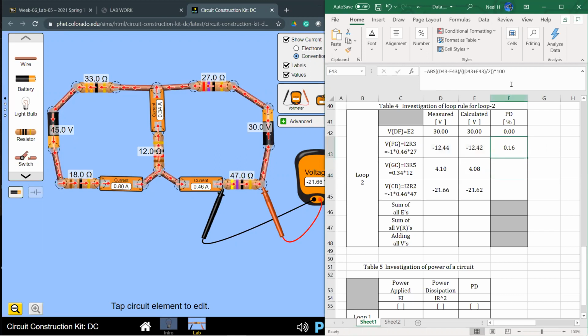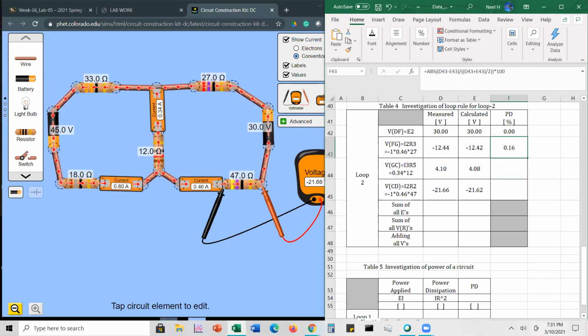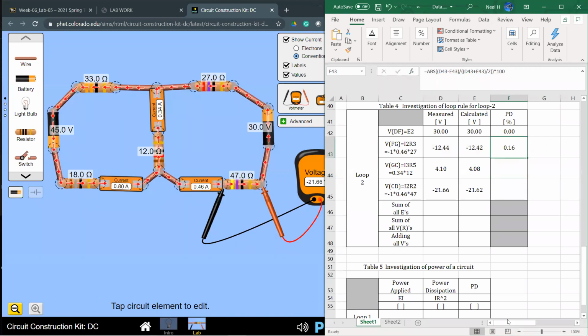Okay, so that's the same command we used earlier. Let me copy paste that somewhere here. PD.